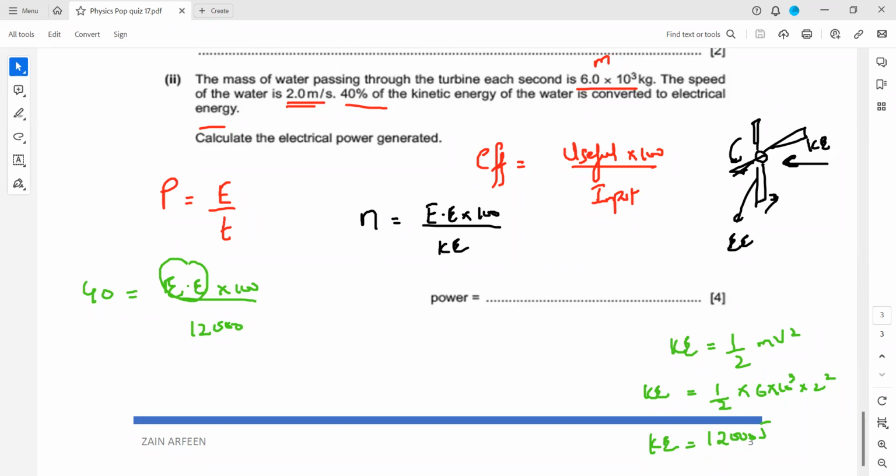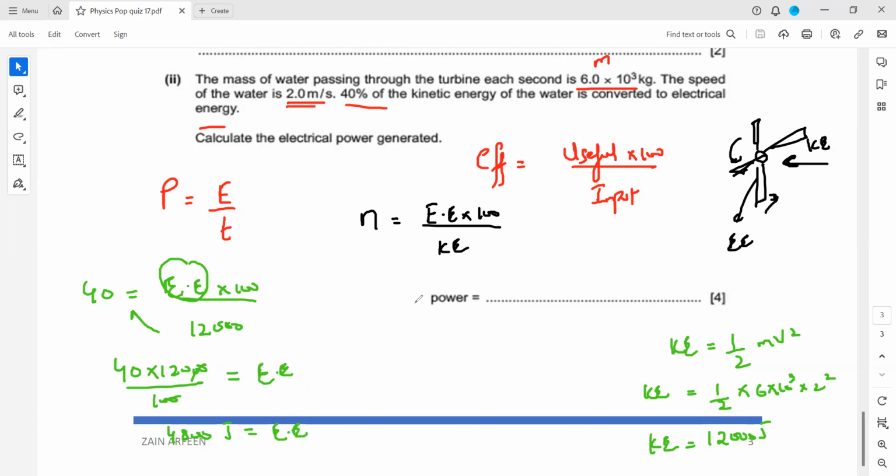So this 12,000 is divided, on the other side it will be multiplied. So 40 multiplied by 12,000 divided by 100. The zeros will cancel, so it will be 4,800 and the unit will be joules. That is the electrical energy.